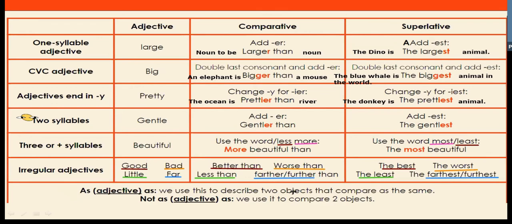And when we use it in the negative form, not as adjective as: not as pretty as, not as beautiful as, not as big as, here we use it to compare two objects, to know which object is more than the other. So in the affirmative form, we say that they are at the same level. In the negative form, we compare. Okay?